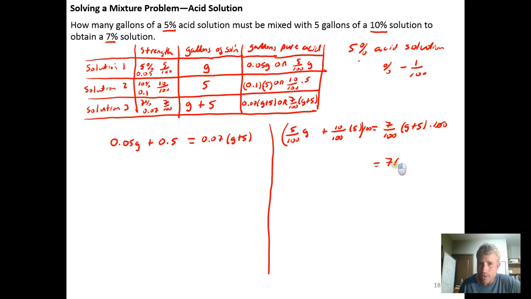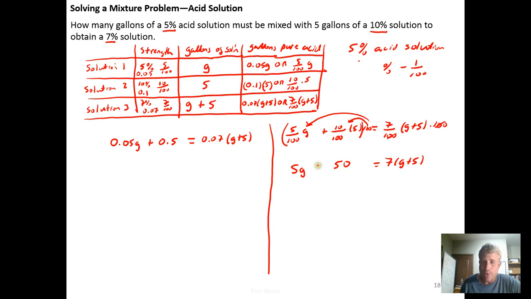We'll get 7 times G plus 5. And we distribute the 100 in here. We'll cancel this 100 in the denominator and leave us with 5G, plus distribute the 100 in here. It will cancel with the 100 in the denominator because 100 divided by 100 is 1. And we'll get 10 times 5 is 50.